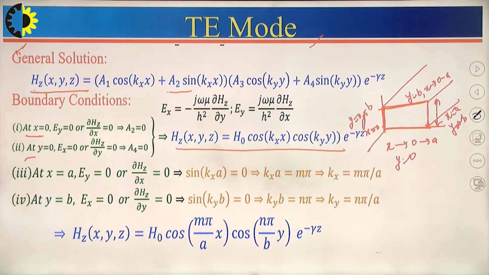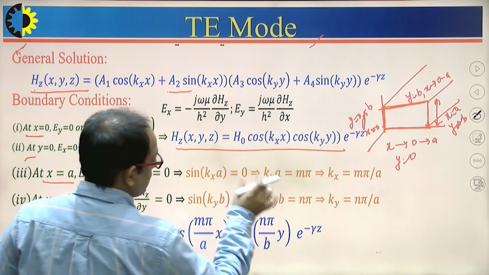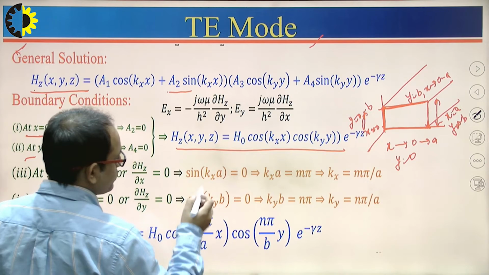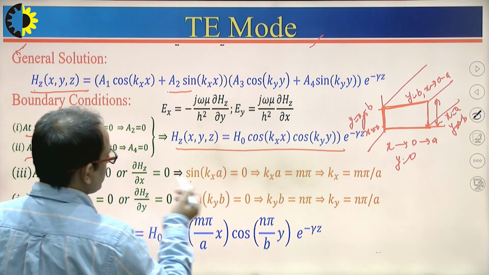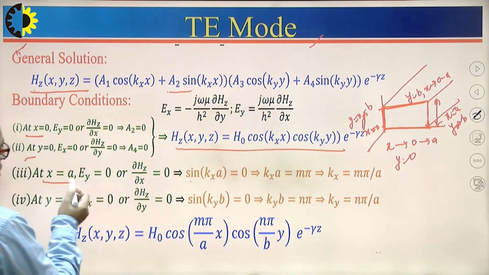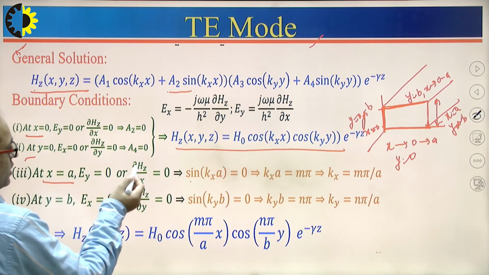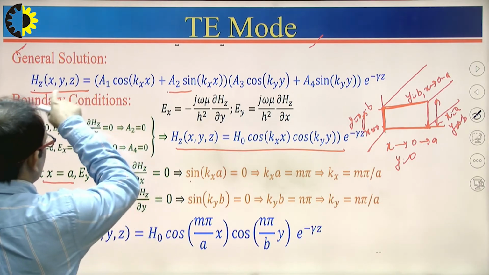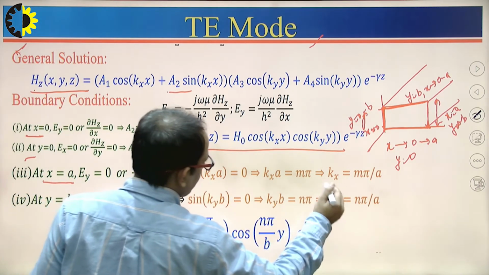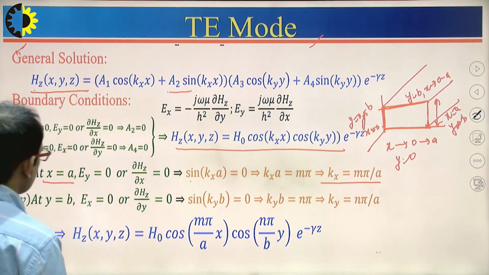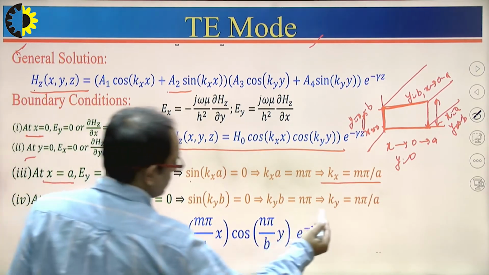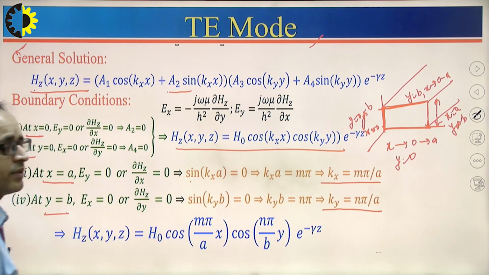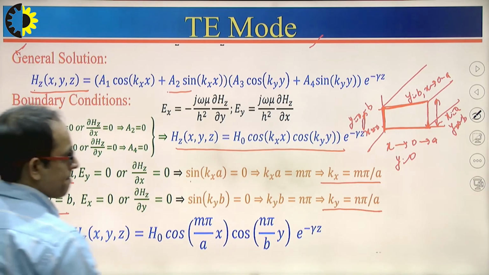Now on putting the third boundary condition, when x equal to a, you will see that on putting this value here, sin kx a, because x equal to a, del Hz by del x equal to 0. Here putting this value, you will see that kx comes out to be m pi by a, and similarly at y equal to b, ky comes out to be n pi by b.